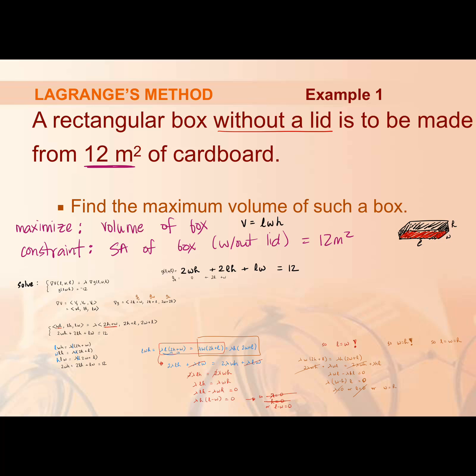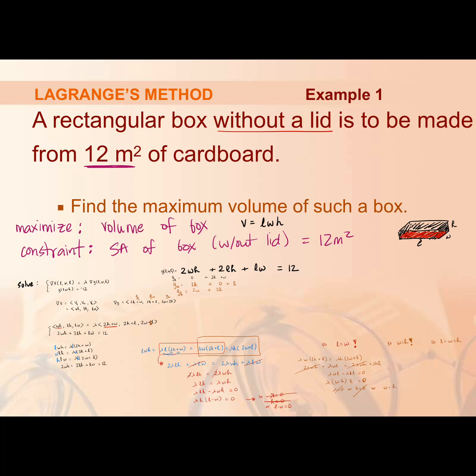The partial of G with respect to L is going to be 2H plus W. The partial of G with respect to W is going to be 2H plus 0 plus L. And then the partial of G with respect to H is going to be 2W plus 2L. Okay, so that's correct. Here's the problem. This right here should be a 2.